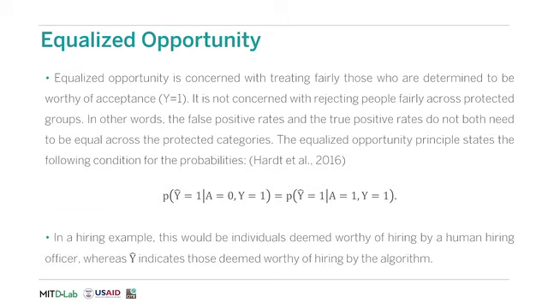A milder version of equalized odds is equalized opportunity, where we're only concerned with treating fairly those who are determined to be worthy of acceptance, i.e. the dependent variable is equal to 1, they're worthy of being hired, worthy of being admitted, and so on. Equalized opportunity is not concerned with rejecting people fairly across protected groups. So to speak, the false positive rates and the true positive rates do not both need to be equal across the protected categories.